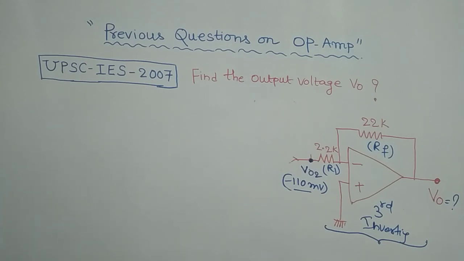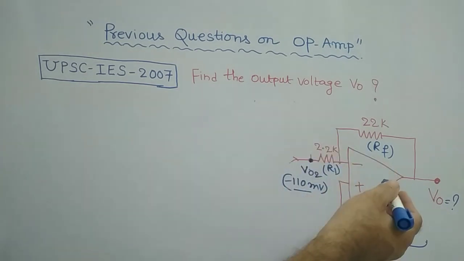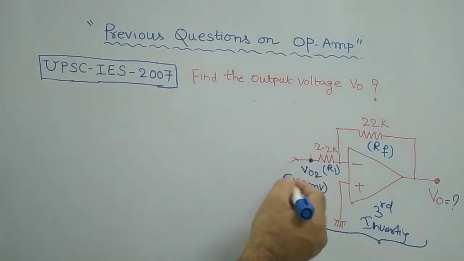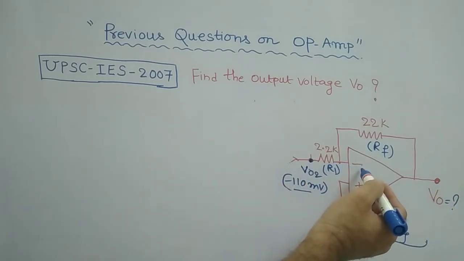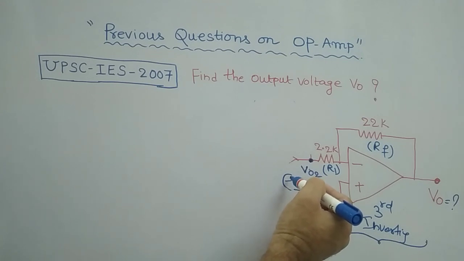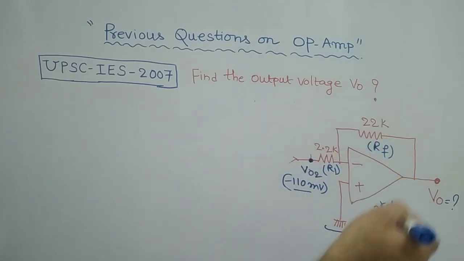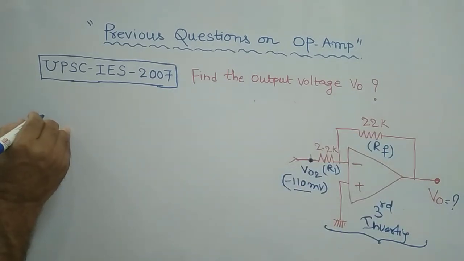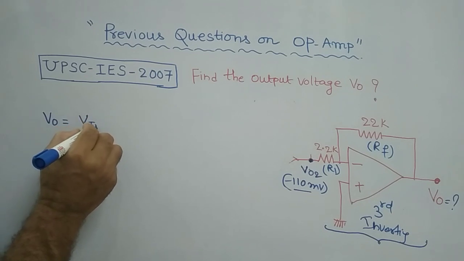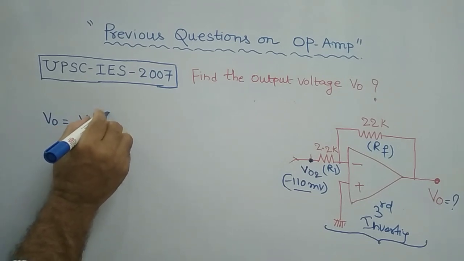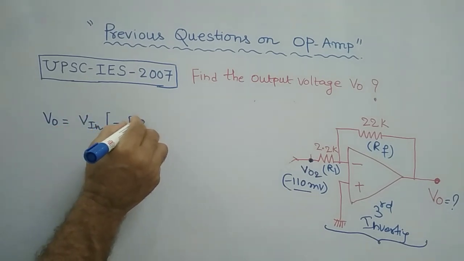Now minus 110 millivolts will be applied as input to the third one. This is the input, and this is the output we have to find out. The input is applied to the minus terminal, therefore it is an inverting amplifier. So for an inverting amplifier, what is the V0 formula? V0 is equal to Vin into minus Rf by R1.